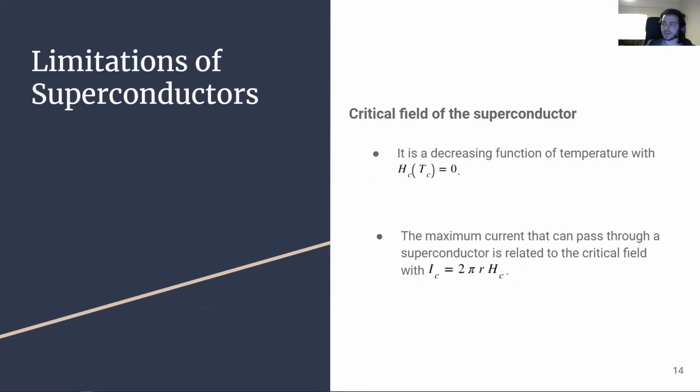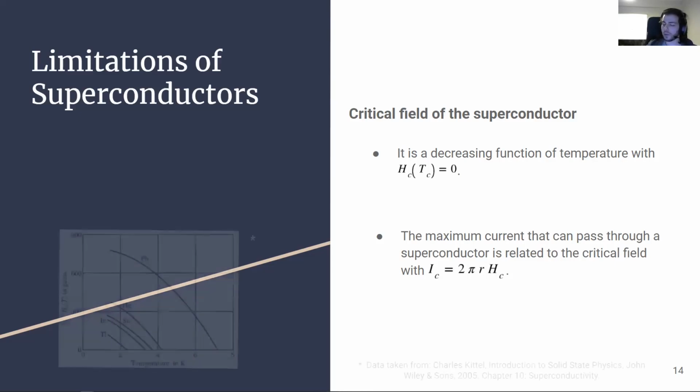This is very bad for practical purposes because consider that you have a superconducting wire and you want to apply voltage, but you cannot, because the current would try to go to infinity, but the second it passes your critical field, you would lose the superconducting state and you would just have a normal piece of metal wire.